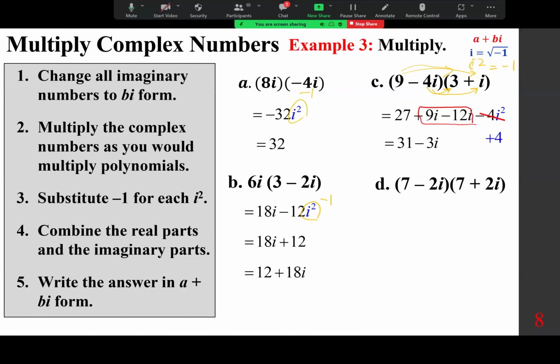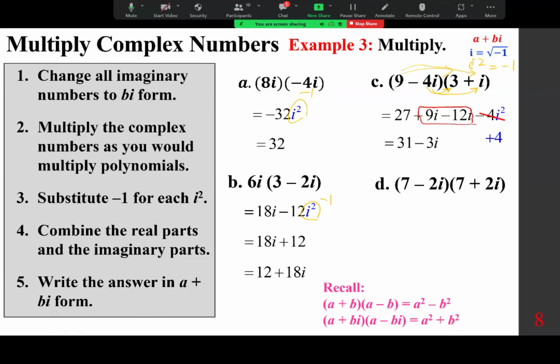Again, we're going to distribute, but let me remind you of the following. Everybody remembers a plus b times a minus b is a squared minus b squared. So if we have a plus bi times a minus bi, we have a squared. Let me just tell you what we get.